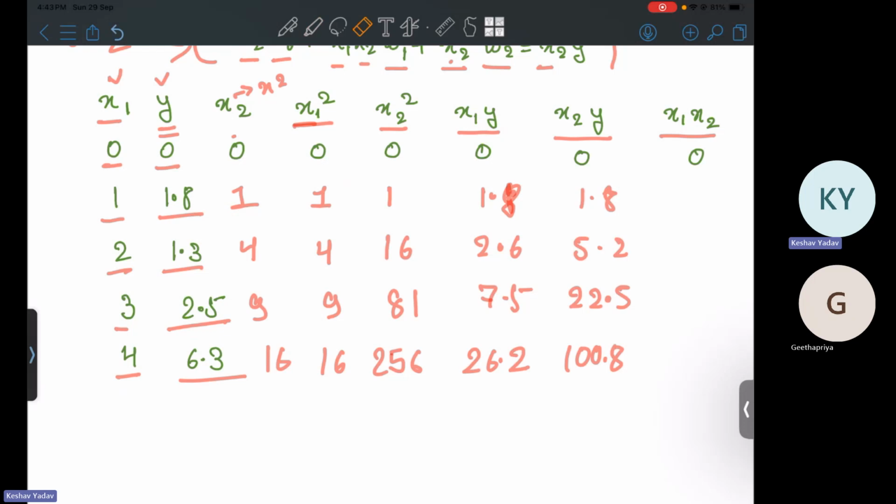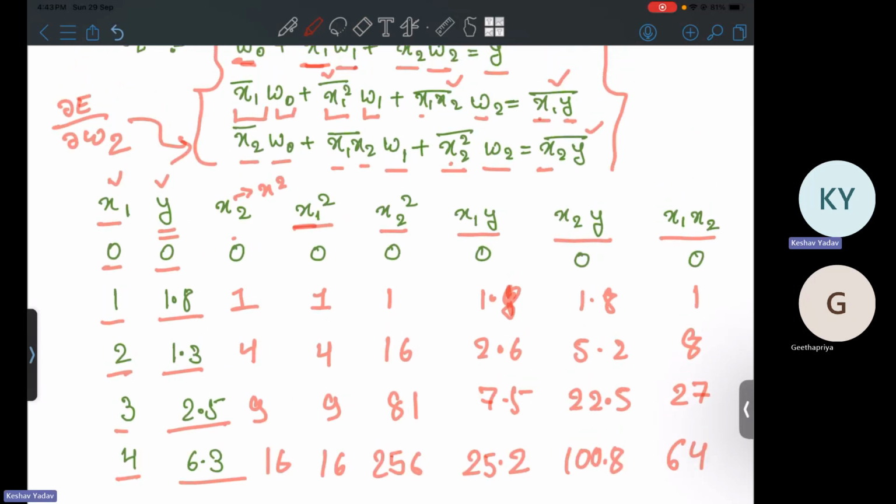Okay, this will be 25. Now this and this multiplies 0. This multiplication will be what? 1, 8, 27, 64. Okay. These are the values that we have got.